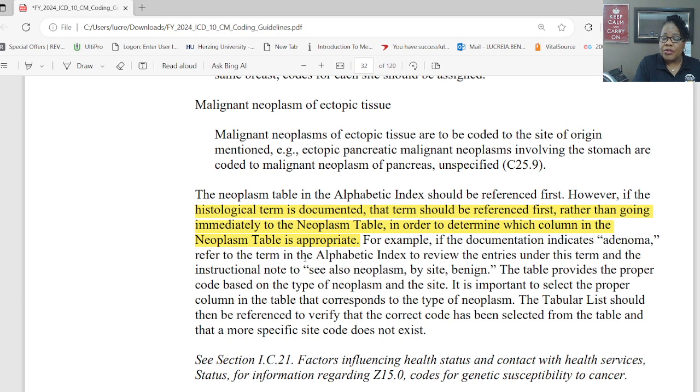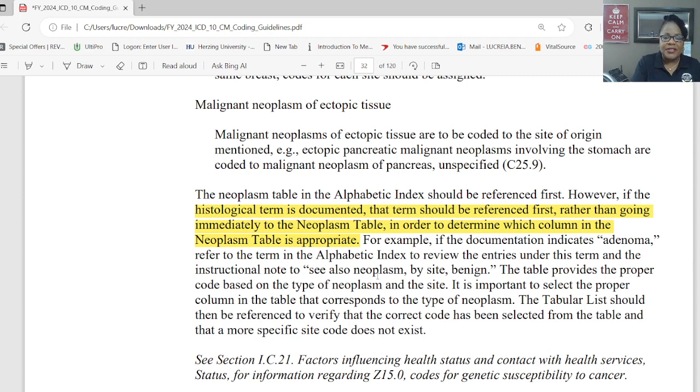It says refer to the term in the alphabetic index to review the entries under the main term and the instructional note to see also neoplasm by site. And I did. I went to main term adenoma in my alphabetic index, not on the neoplasm table. And it told me to see also neoplasm by site, benign. Oh, it's a benign tissue.